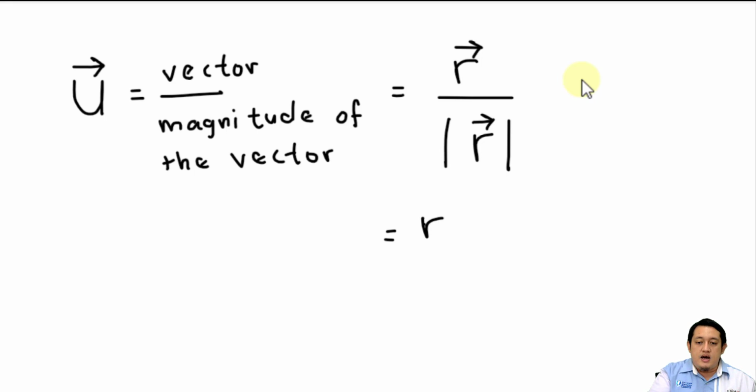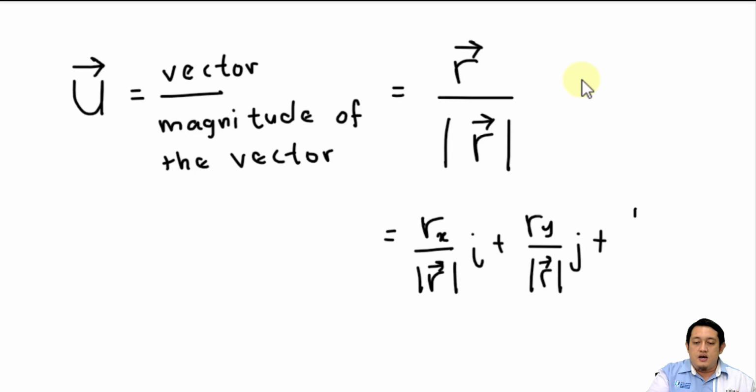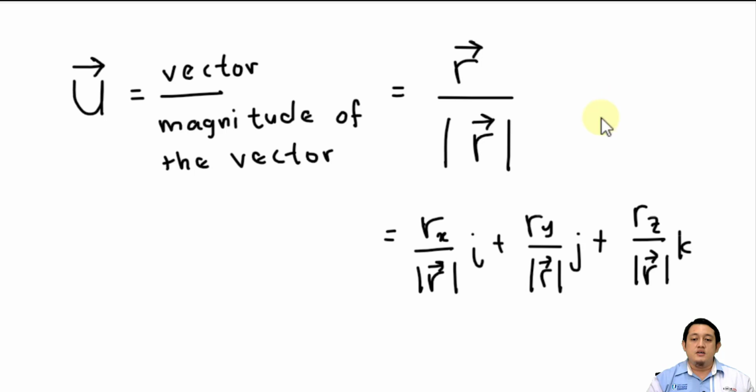So this will be Rx over the magnitude of the vector i plus Ry over the magnitude of the vector j plus Rz over the magnitude of the vector k. So this is how you can calculate a unit vector: vector over the magnitude of the vector.